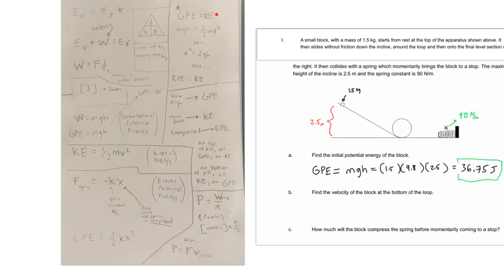Gravitational potential energy is mass times gravity times height. Kinetic energy is 1/2 times mass times v squared. So you could actually mess with this equation, cancel out the m's, and then you end up with a situation where it's v squared equals 2 times g times h.